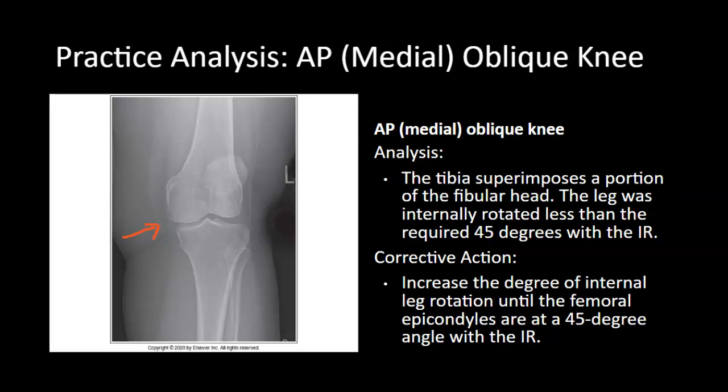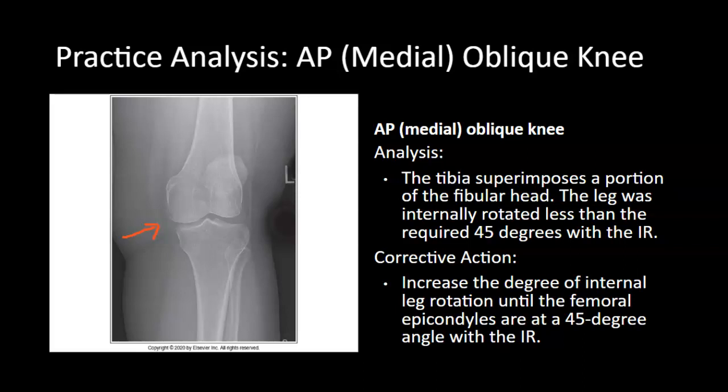Also, you want to determine, is this medial oblique fit criteria? And the first thing you want to look at is whether that fibula-tibia relationship is appropriate. And at this point, the tibia is superposing a great portion of the fibular head.